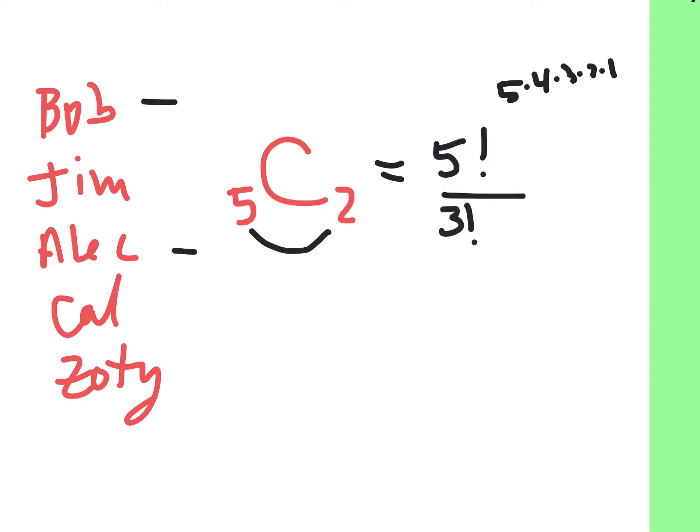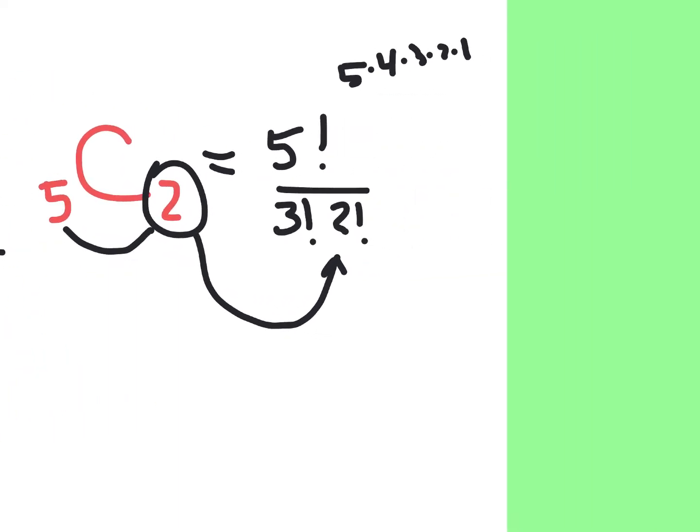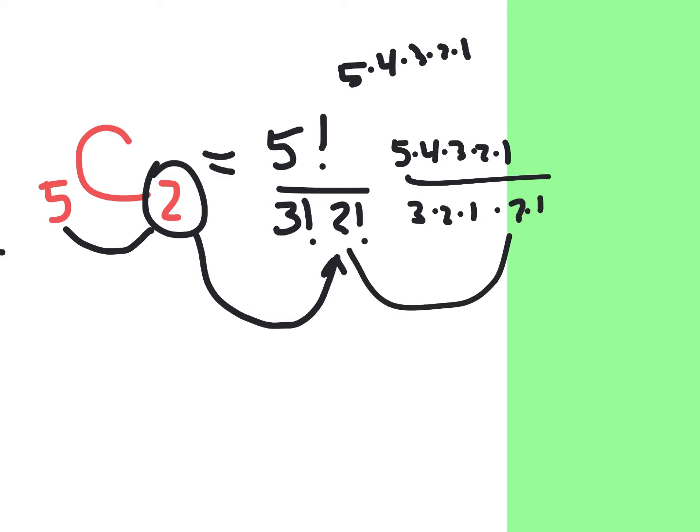And then last but not least, you put a 2 factorial on the bottom. So that would mean 5 times 4 times 3 times 2 times 1 over 3 times 2 times 1 with an extra 2 factorial, 2 times 1.